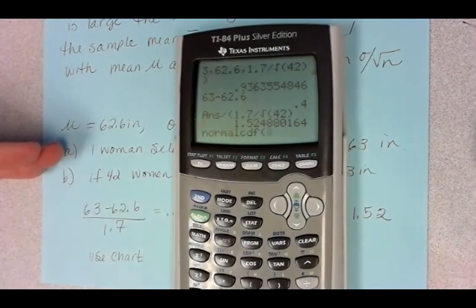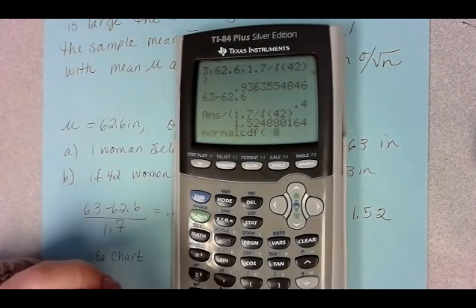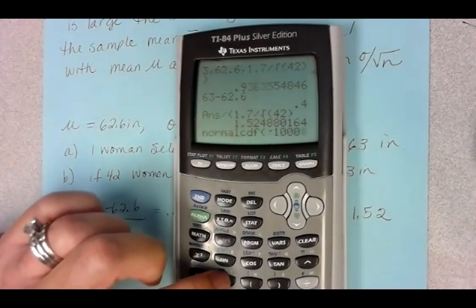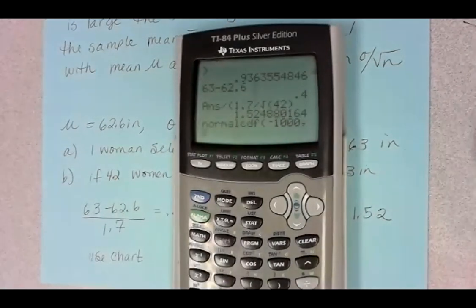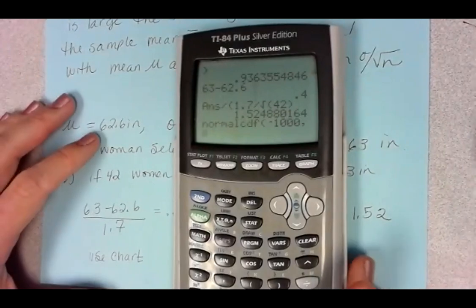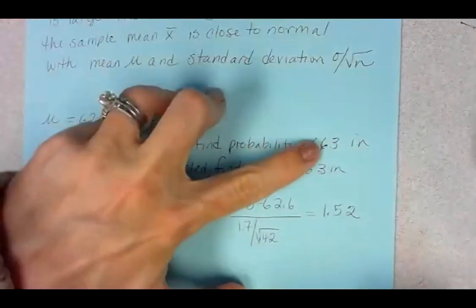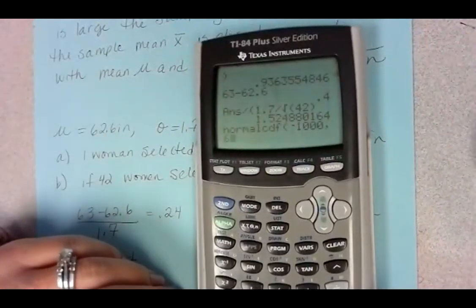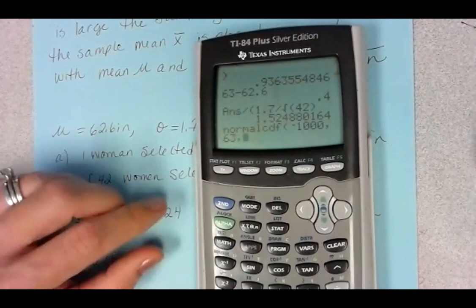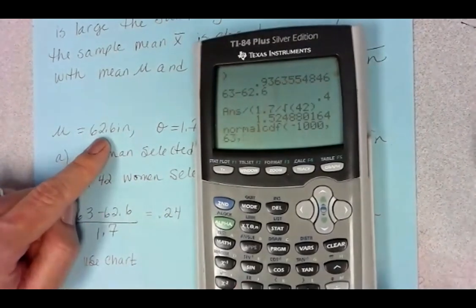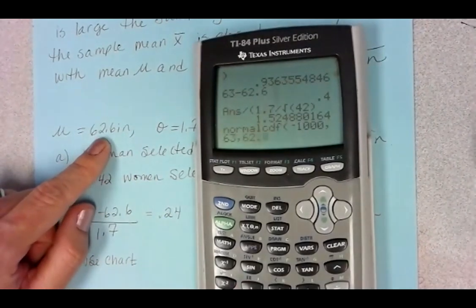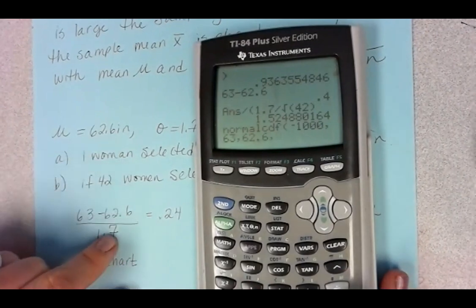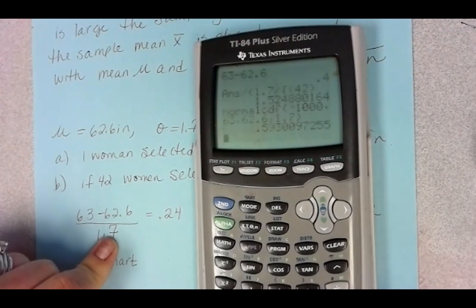So if it's a less than, that lower boundary's got to be really far to the left. So a good number to put in is just negative 1,000. The upper boundary is going to be your X value. So in this case, it's 63, comma 63. And then you're going to put in your mean, 62.6. And in part A, it's just 1.7.